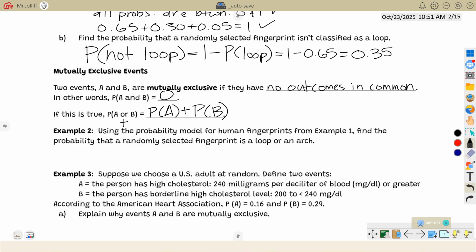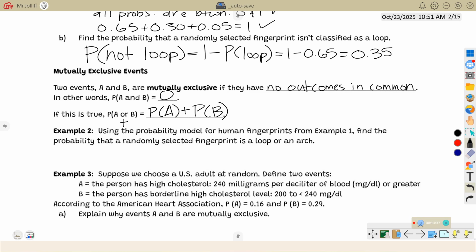This is why for P of not loop, we just added whorl plus arch, because P not loop was P whorl or P arch. And or means add. And those categories were mutually exclusive. My pattern is one of those three. It shouldn't be in both. I either have a loop or a whorl. I don't have both.